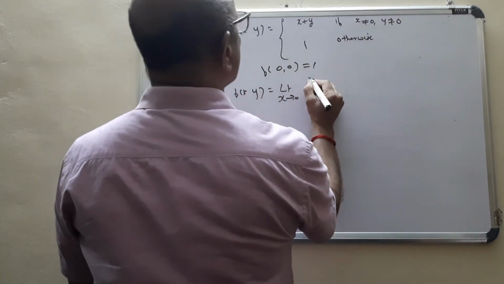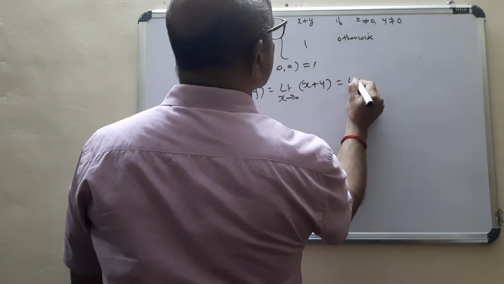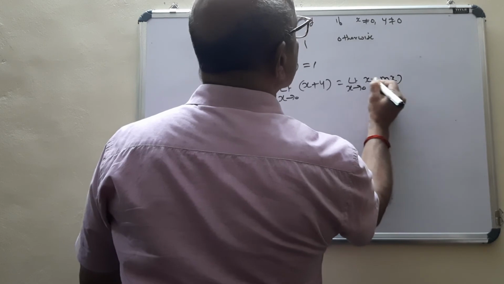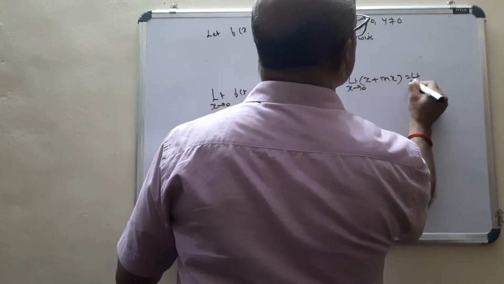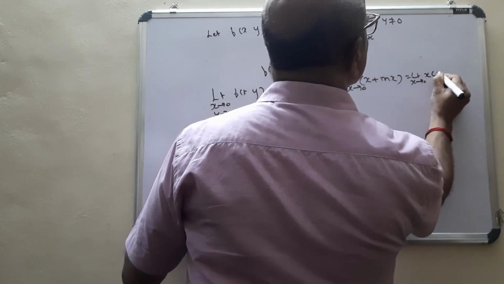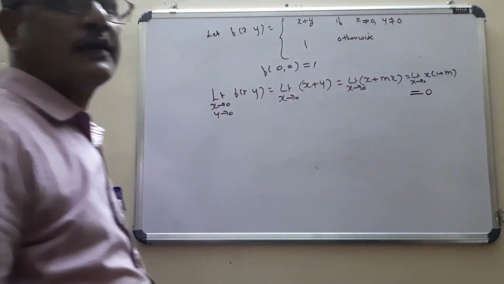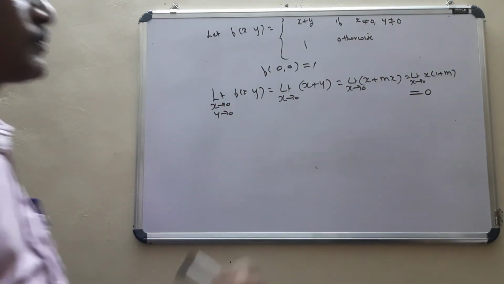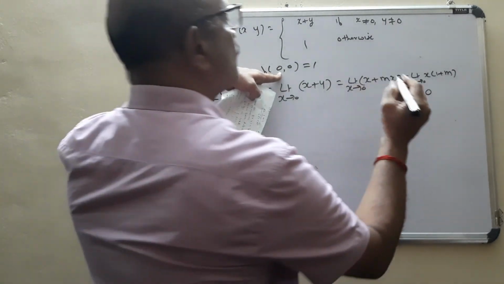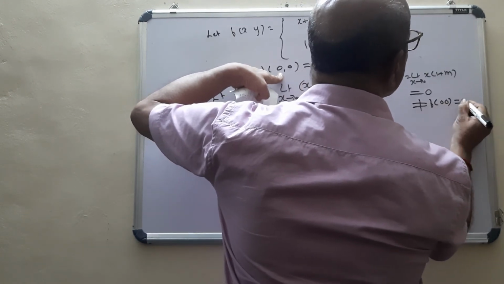That means here we first write this one, then that assumption, x plus mx, and this is the limit as x goes to 0 of x into 1 plus m. Because x is 0 here, this is equal to 0. But what is the value of the function? It is f of 0, 0, which is equal to 1.